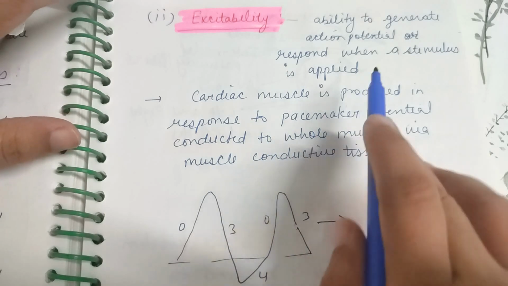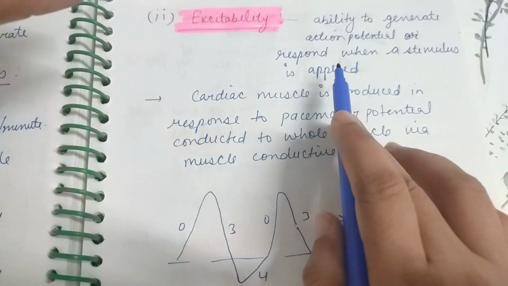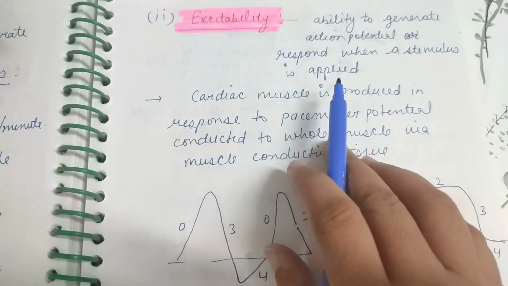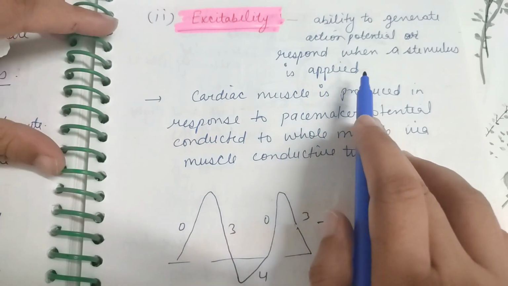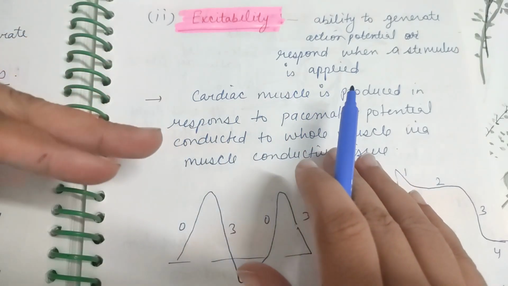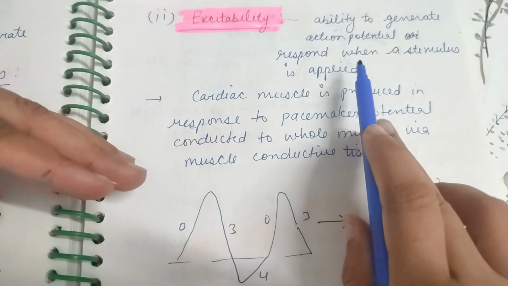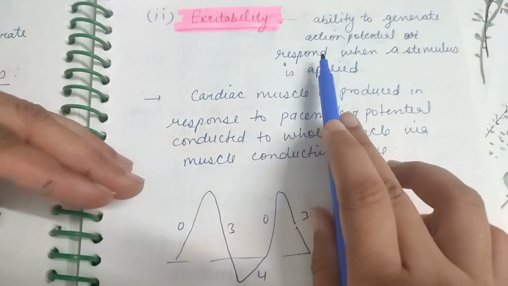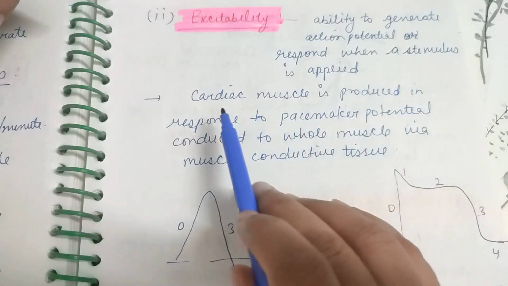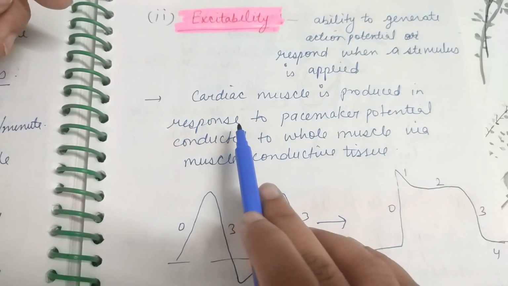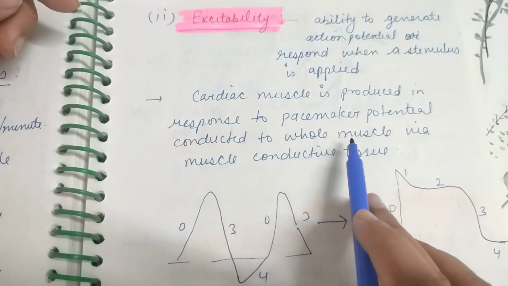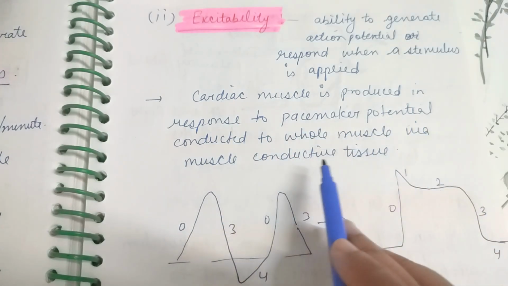Next is the property of excitability. We have seen the ability to generate action potential when there is no stimulus. Here the cardiac muscle is excitable, but it gets the stimulus from the SA node. The pacemaker potential is transferred to the cardiac tissues and causes action potential in response to the stimulus. So action potential is produced in cardiac muscle in response to pacemaker potential, which is conducted to the whole muscle via conductive tissue.